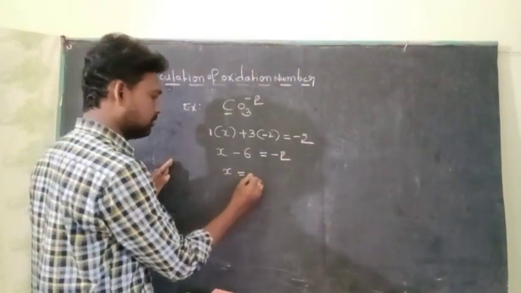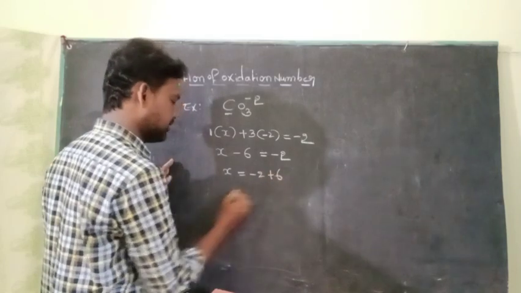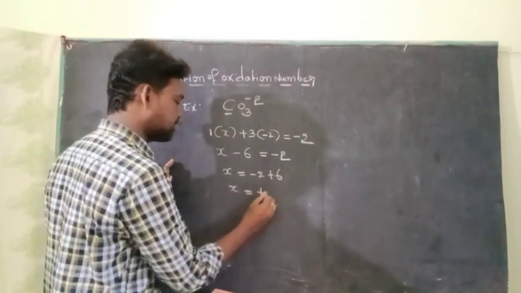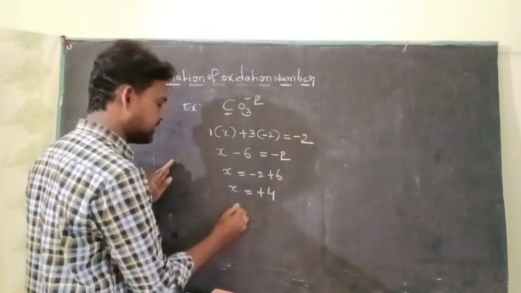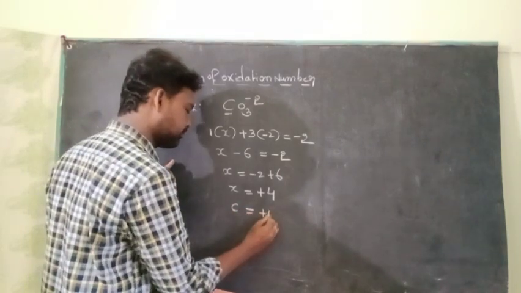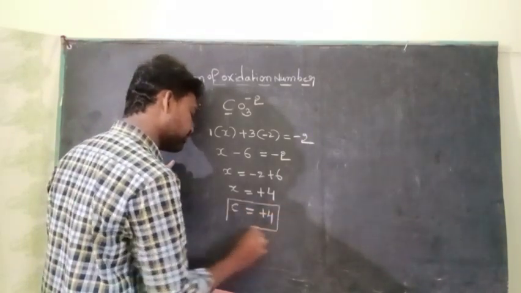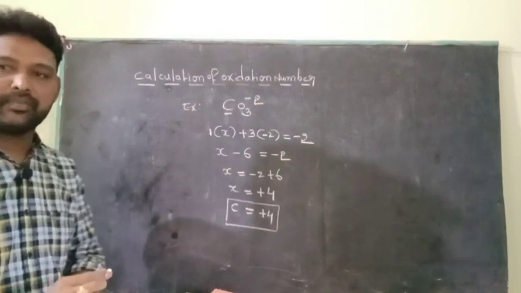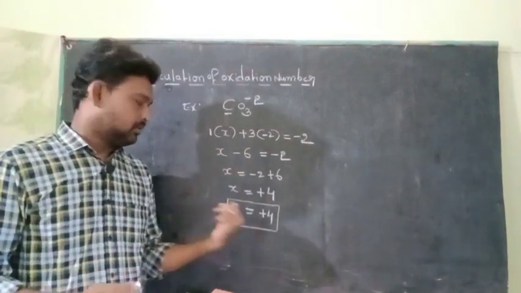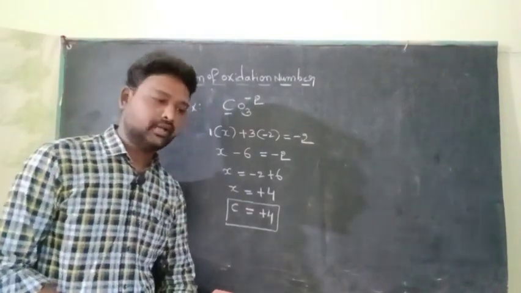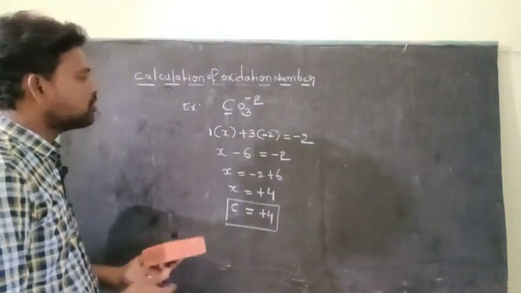X equal to minus 2 plus 6, x equal to plus 4. X is nothing but carbon. So the oxidation number of carbon is plus 4. Okay. So one more example.